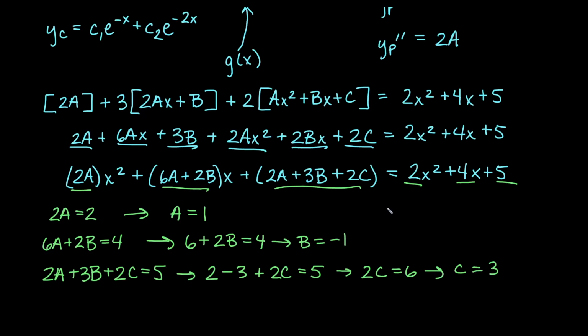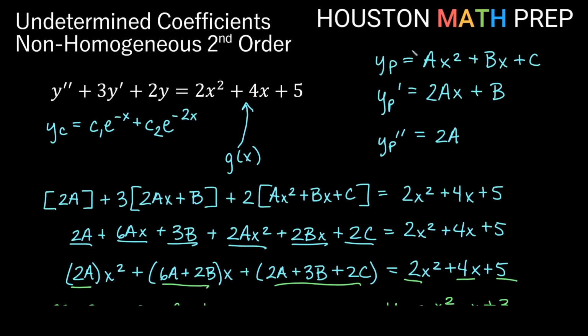So we get our particular solution there with a equal 1, b equal negative 1, and c equal to 3. That is, ax squared would just be x squared, plus bx would be minus x, plus c would be plus 3, right? So this is our ax squared plus bx plus c that we assigned for yp at the beginning there.